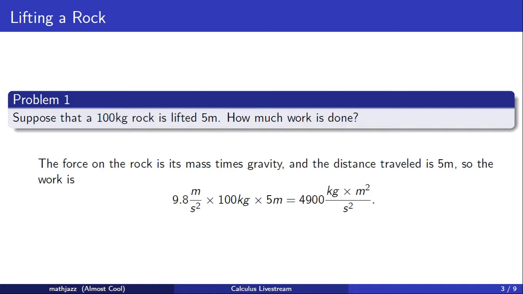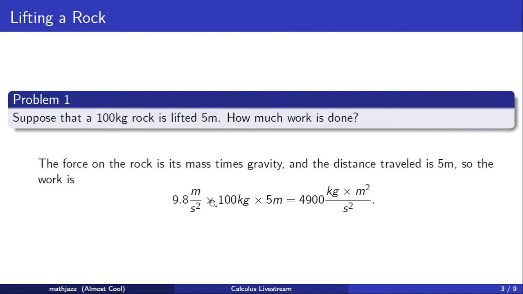Now we have a constant mass 100 kilogram rock, which means that we'll have a constant 9,800 Newton rock that's being lifted. That's its weight. The weight is a force. And so first we have to multiply by 9.8.